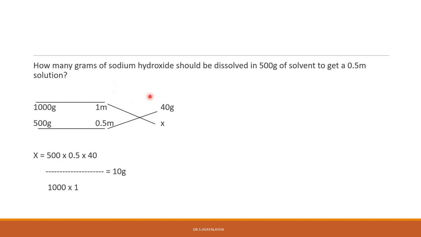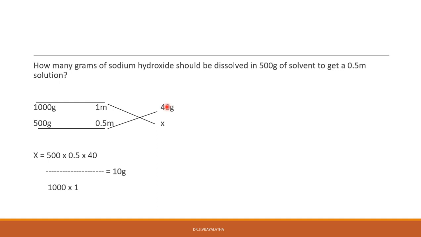So, the same thing. Suppose we have to prepare a 0.5 molal solution and we need 500 grams of solvent to prepare this. Then you will put it as 1000 grams, 1 molal solution. Again it will have 1 mole. So if it is 1 molar, it is 1 mole in 1000 ml of solution.